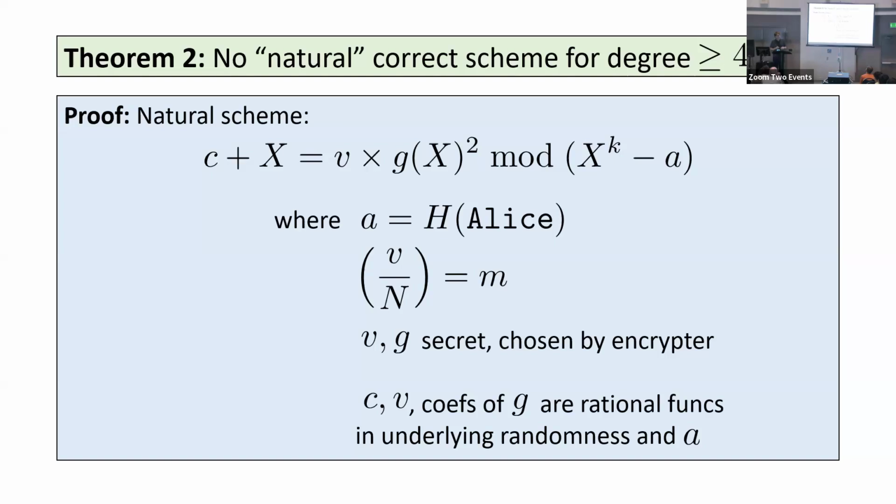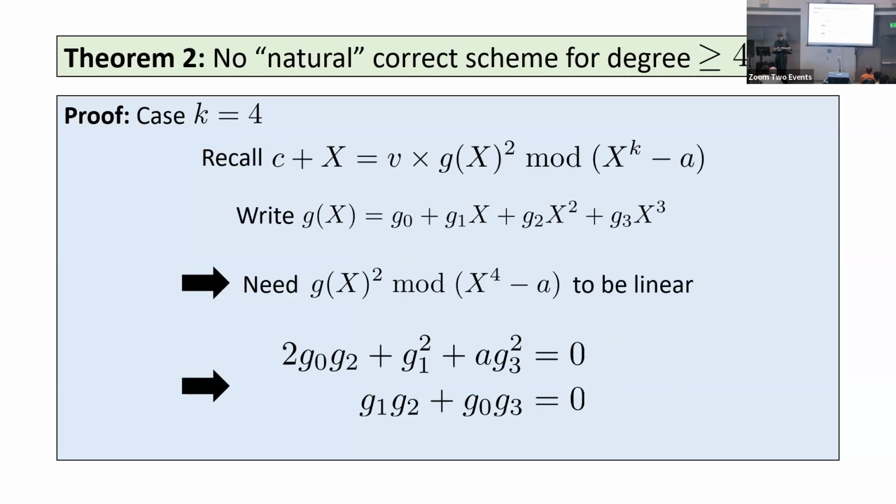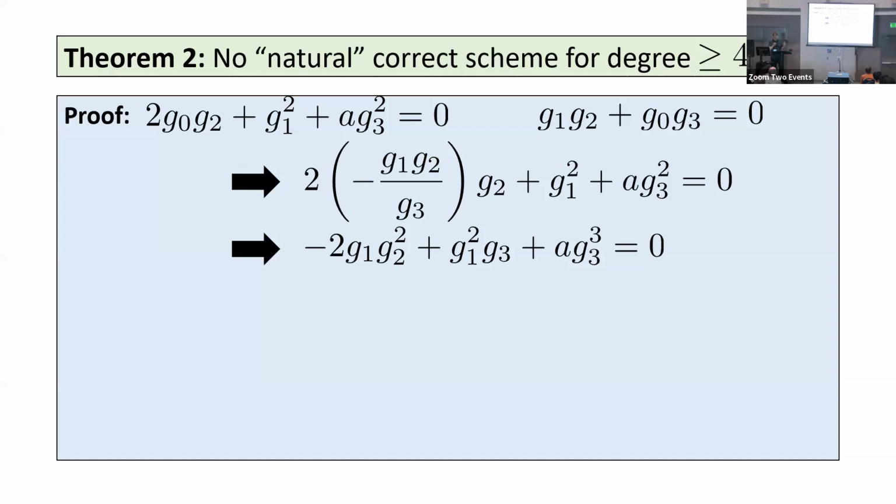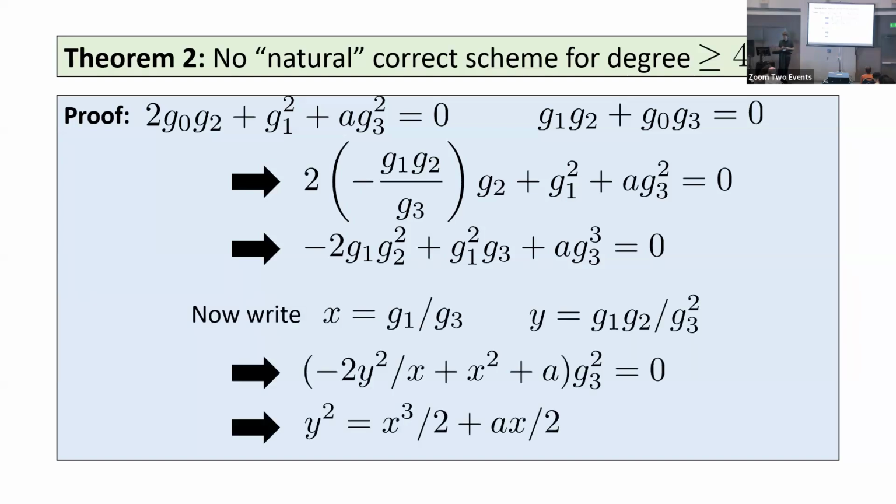All right, so this is some definition of a natural scheme, and what we show through some manipulating. So we have this equation up here that says that c plus x equals v plus g of x squared mod x to the k minus a, and if you just end up playing around with it and manipulating it, what you end up finding is there's an elliptic curve hiding in there.